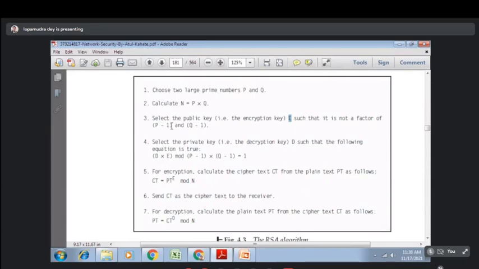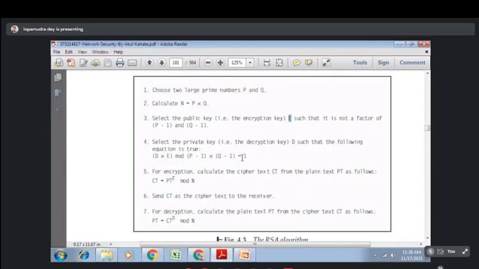So first you have to choose two prime numbers P and Q. Then multiply them, that is N equal to P into Q. Then select the public key E, such that it is not a factor of P minus 1 and Q minus 1. Then choose the private key D, such that D into E mod P minus 1 into Q minus 1 is equal to 1.